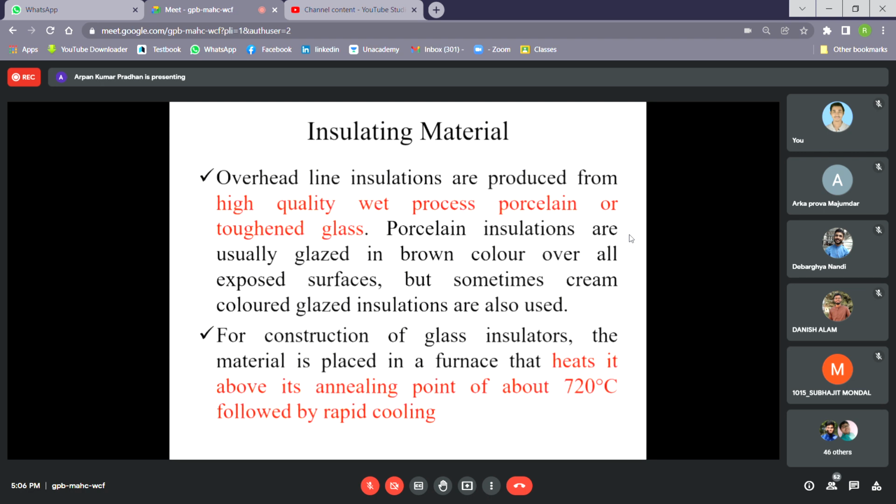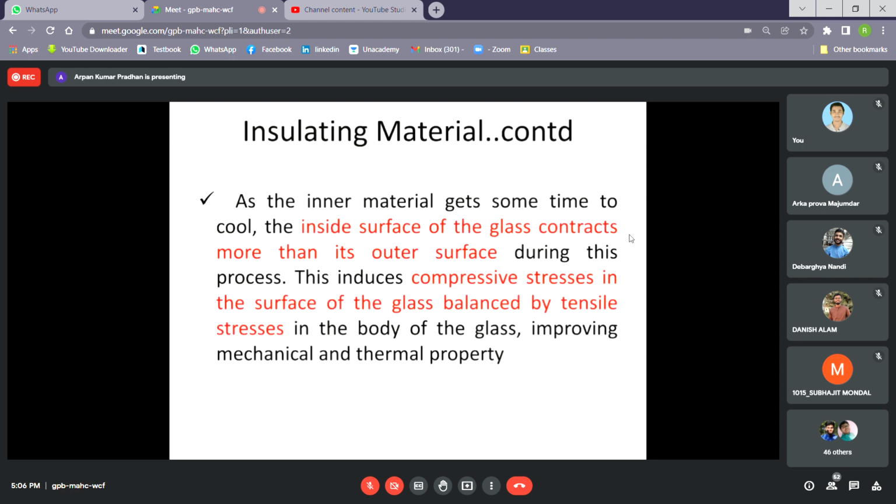Once cooled, a compressive force develops inside the insulator, balanced by tensile stresses on the body of the glass, and that improves the mechanical as well as the thermal property.